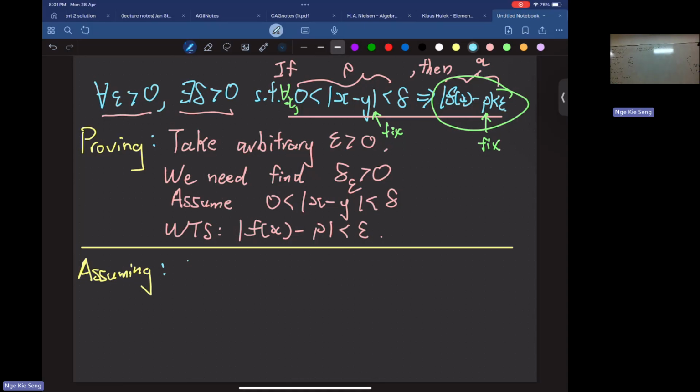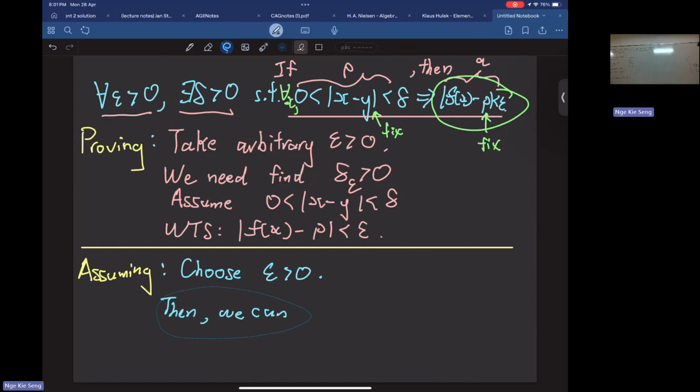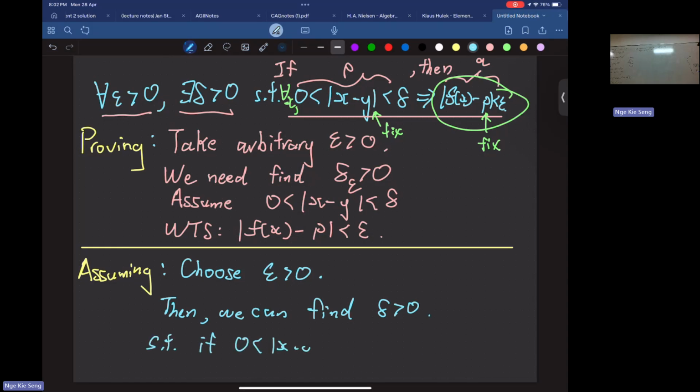If I choose epsilon greater than 0, then we can find a delta greater than 0, okay, such that if P holds, then we have Q holds.